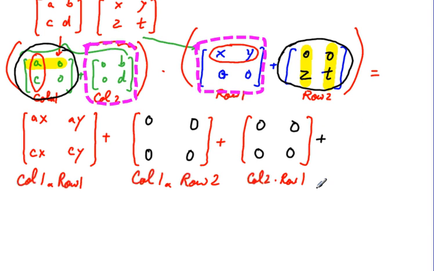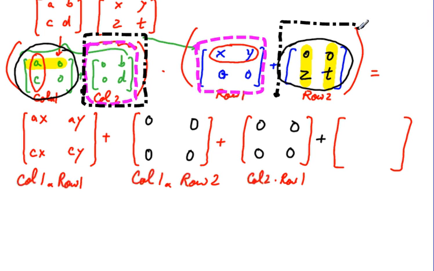Now, for something that makes some contribution, let's try column 2 matrix times row 2 matrix.